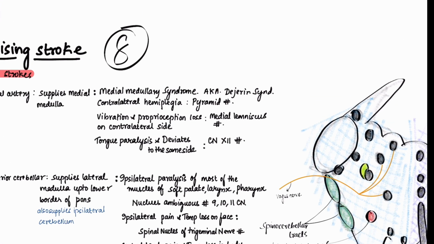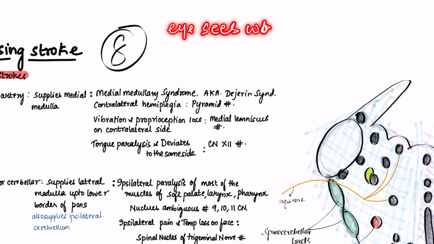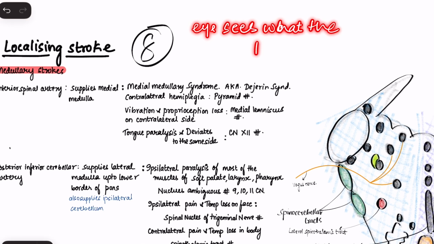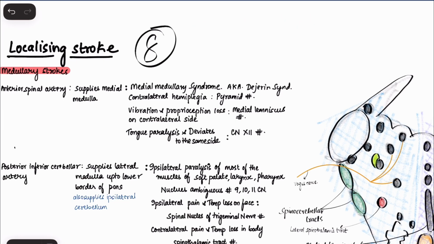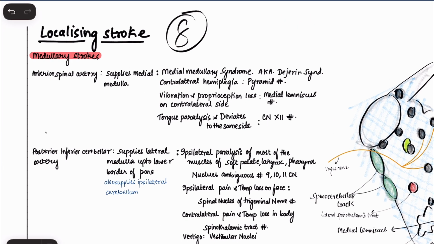And this localization helps because the eye sees what the brain knows. So if you already look at the imaging with some information in mind, you are more likely to identify the stroke. Or in places where imaging is not available, these symptoms can help you localize the stroke.